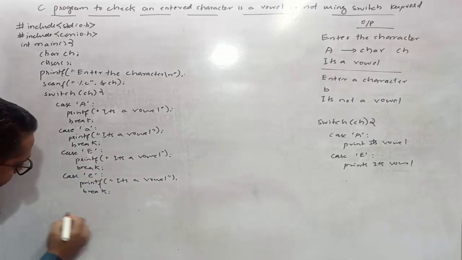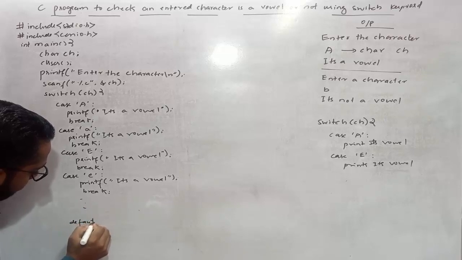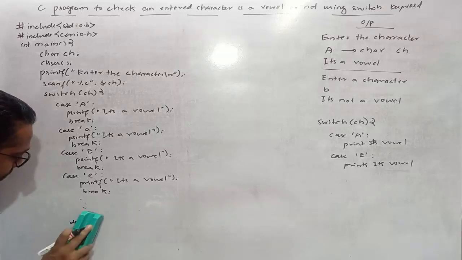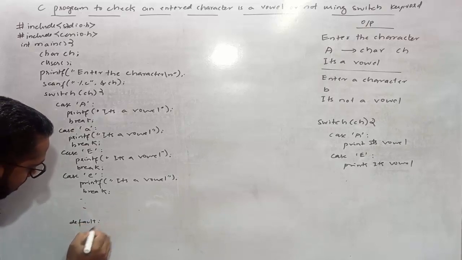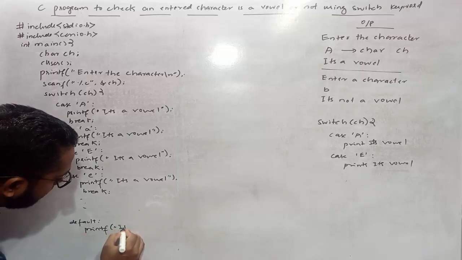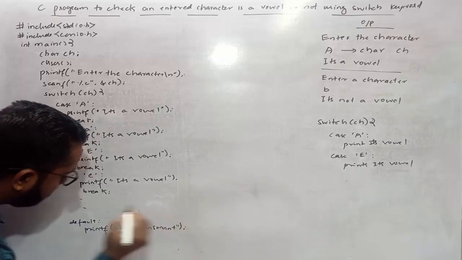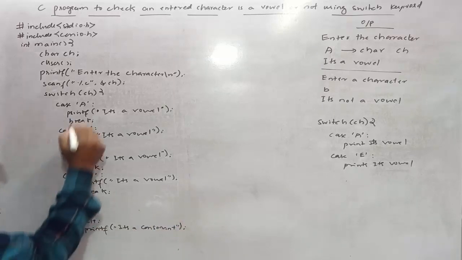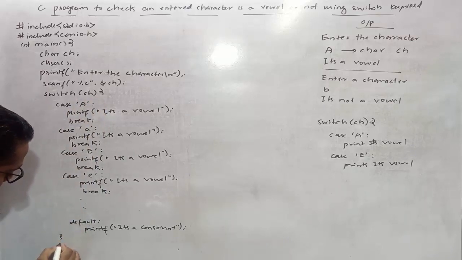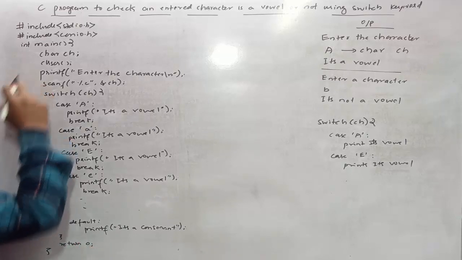Okay, so at the end I need to use default, printf it's a consonant, semicolon, then close this switch bracket, then return 0, and then close the main function.